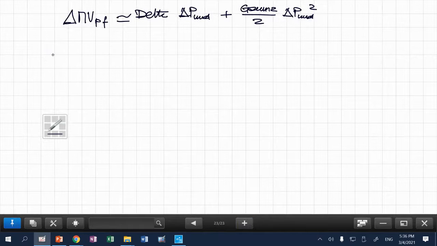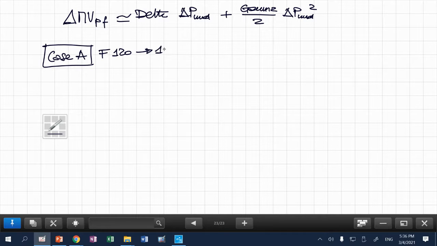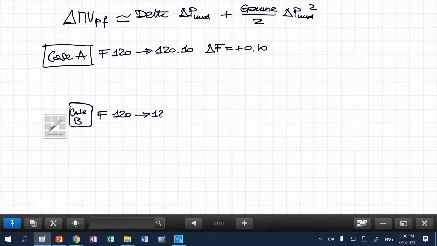So what I'm going to compare now is the result of the portfolio comparing case A, which is the future going from 120 to 120.10, so I have just a small change of 10 cents, as opposed to case B, in which the future goes from 120 to 121, with a change of +1, okay?